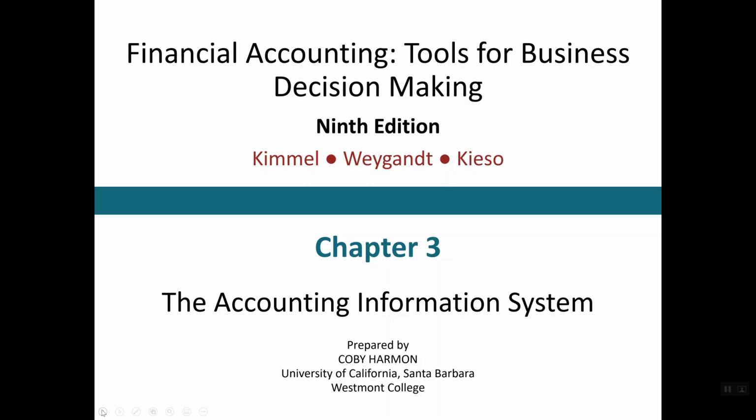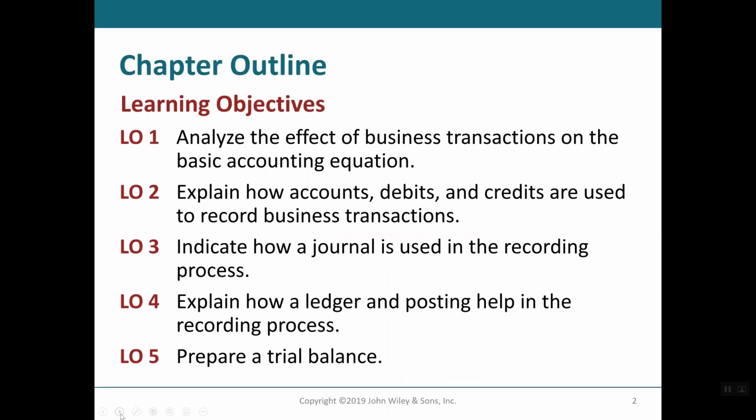Today, we're going right into chapter 3, the accounting information system. We have five major learning objectives. One, we're going to analyze the effect of business transactions on the basic accounting equation. Two, we're going to explain how accounts, debits, and credits are used to record business transactions.